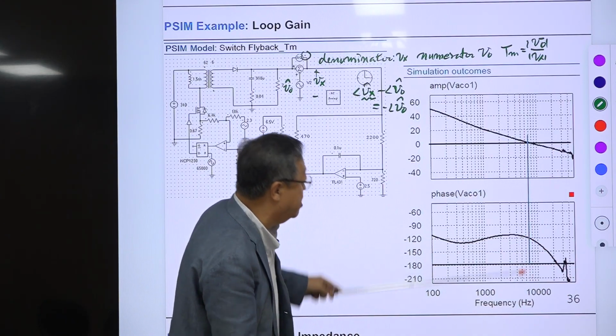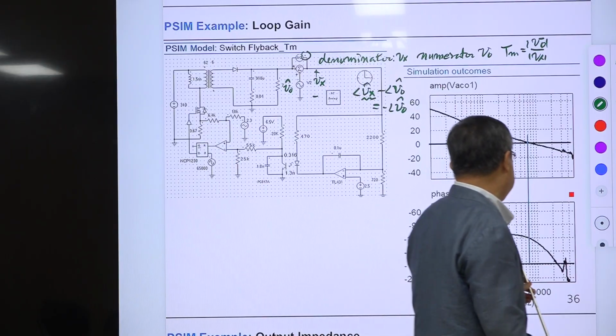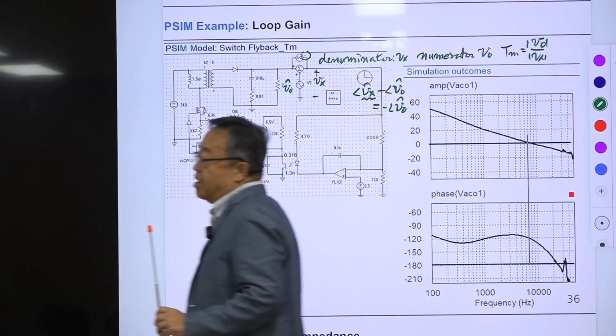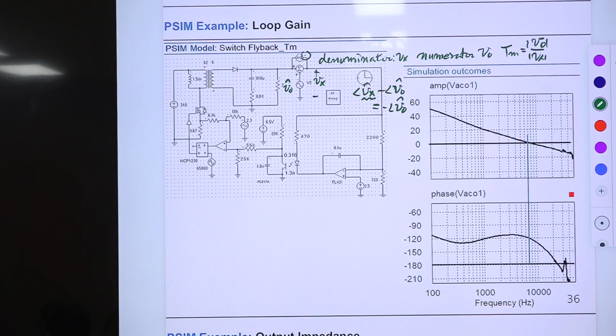It decays. The slope should be minus 90 degrees per decade, because at high frequency we have one pole, omega Ci, which is here, should be there. Okay, let me use this purple color.